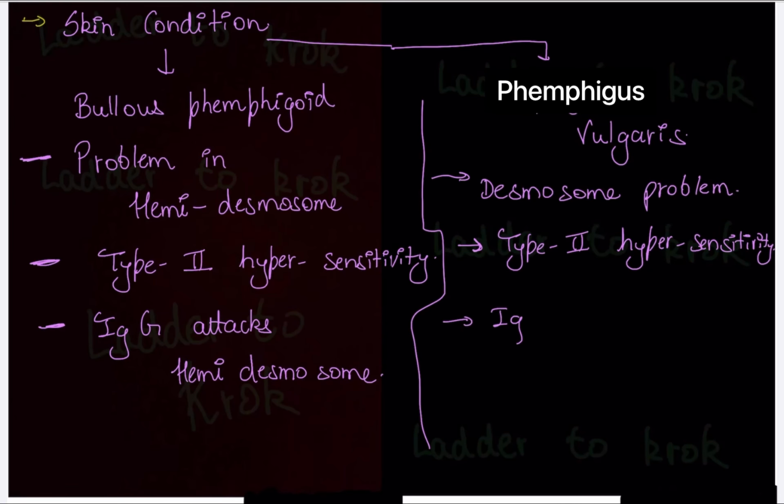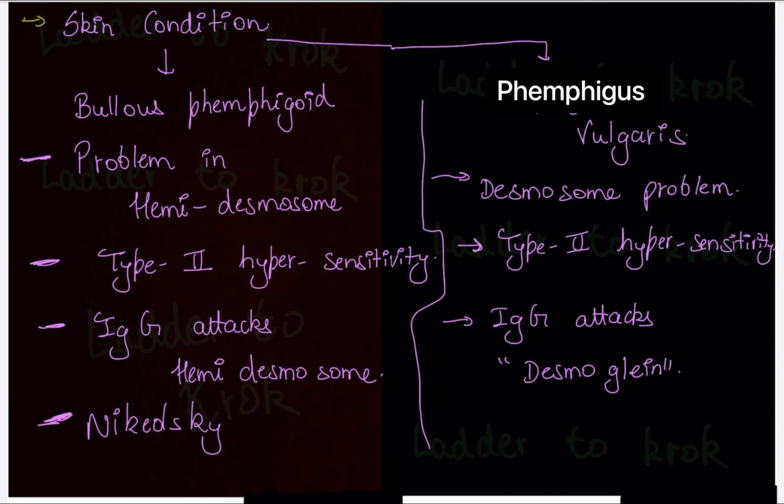In pemphigus vulgaris, IgG, immunoglobulin G, attacks desmoglein. In bullous pemphigoid, the Nikolsky sign is negative, and in pemphigus vulgaris, the Nikolsky sign is positive.